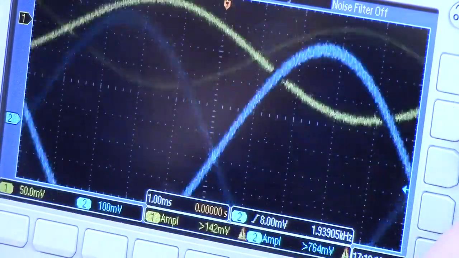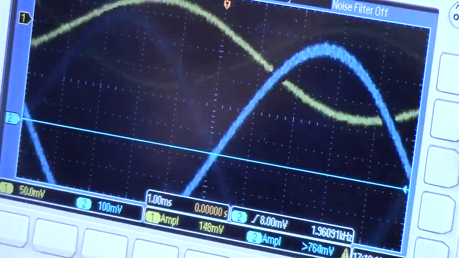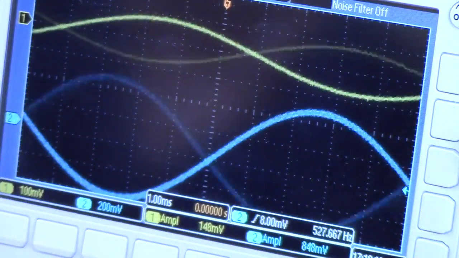I know this thing looks awful, but let's turn the averaging back on.